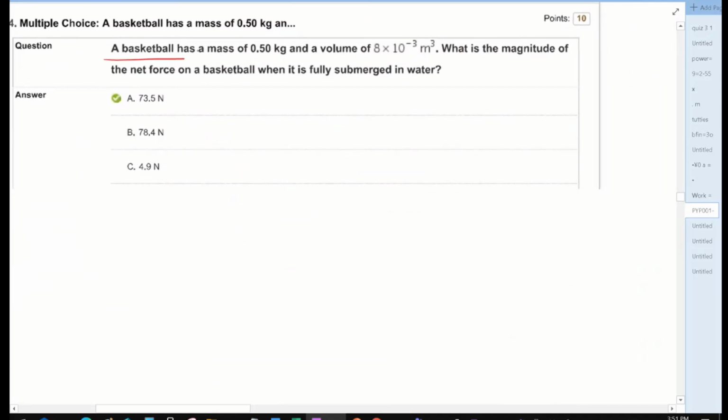A basketball has a mass 0.5 kilogram and a volume 8 times 10 to negative 3. So we know the mass, we know the volume. What is the magnitude of the net force on the basketball when it's fully submerged in water?